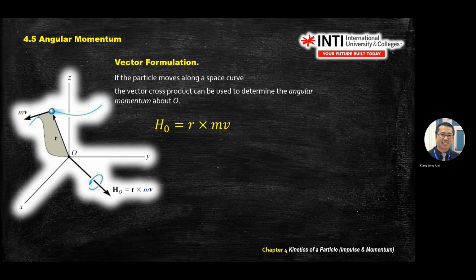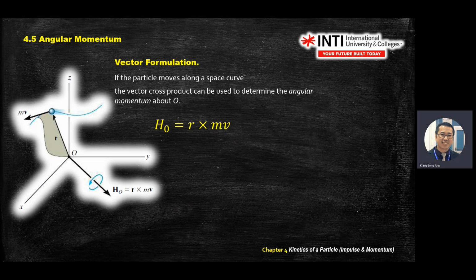The momentum vector mv points in the tangent direction of the pathway, and from the origin O to the particle we label R as the position. So you take your position cross mv, you get your angular momentum.